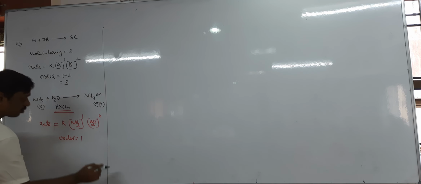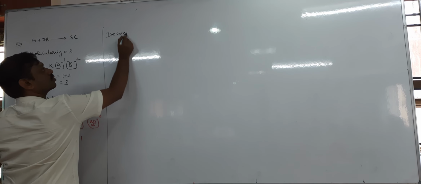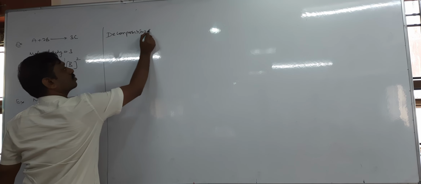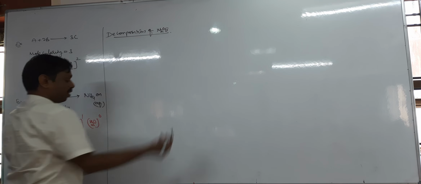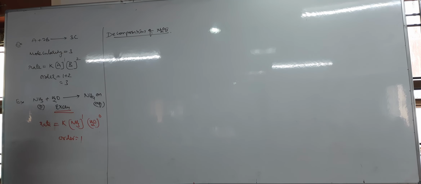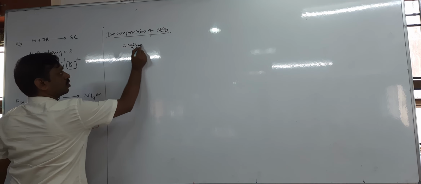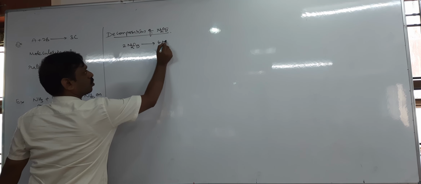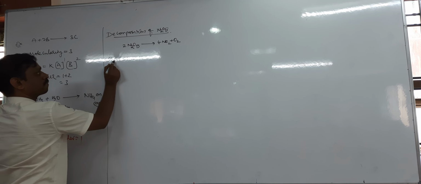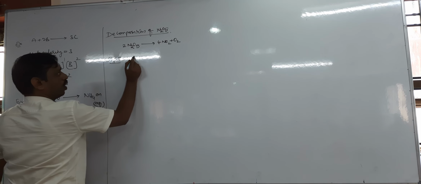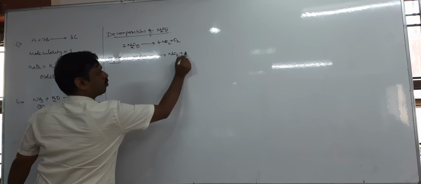One more example: decomposition of N2O5. We have written the equation: 2N2O5 gives rise to 4NO2 plus O2. But what is step 1? N2O5 decomposes to form NO2 plus NO3.